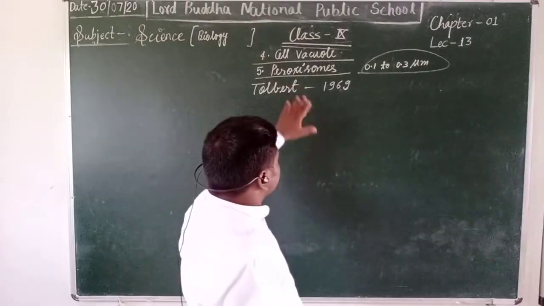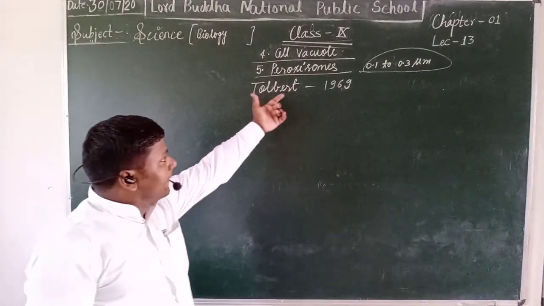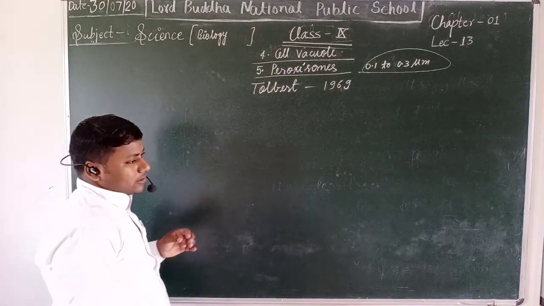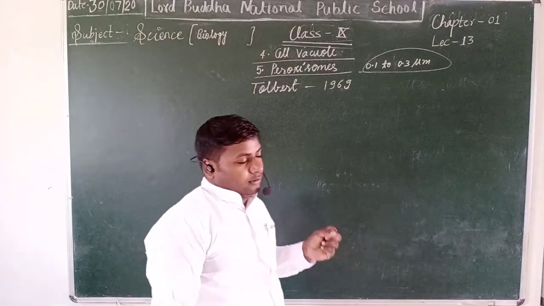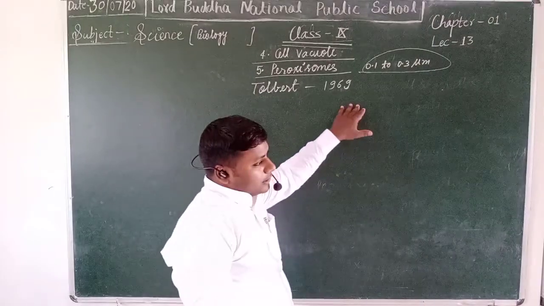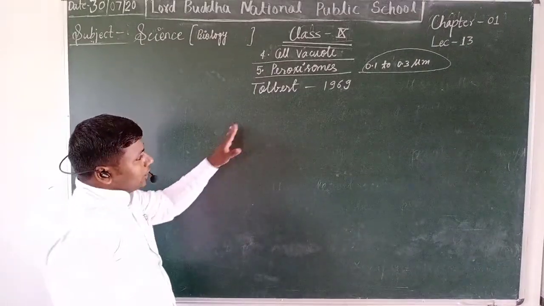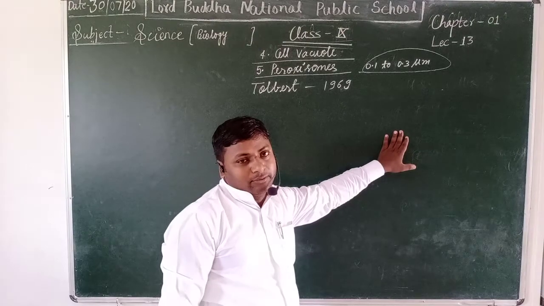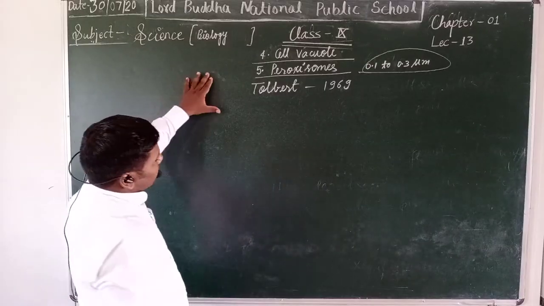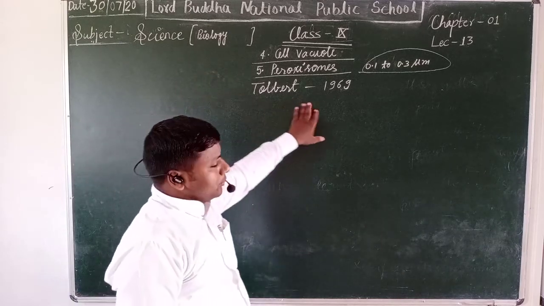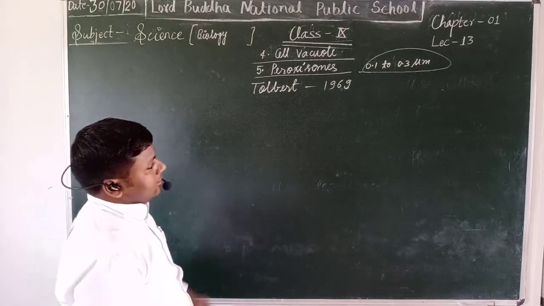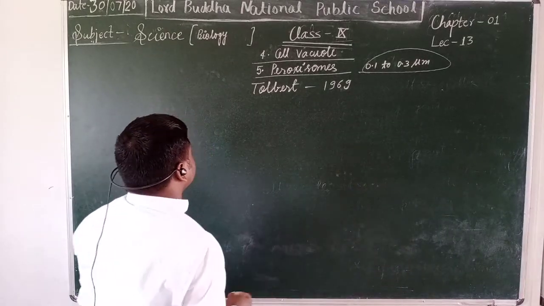He named these minute spherical bodies peroxisomes because they are helpful in the cellular oxidation process, as they contain many types of amino acids and enzymes. Thus, students, the main function of the peroxisome is to help in the process of cellular respiration.